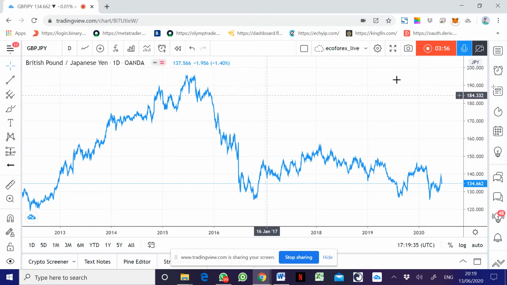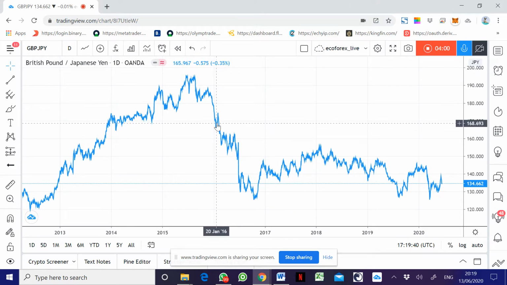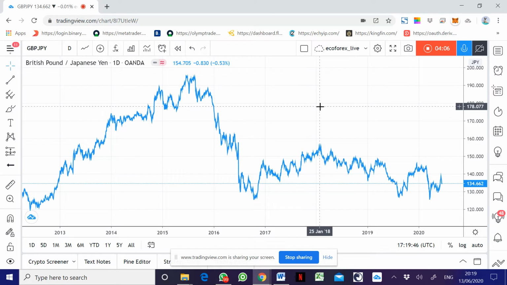Let's start with the support. So let's try to draw support with this pair, the British pound versus Japanese yen. You can't trade only one currency, such as the British pound. It must be a currency pair, that is, it must be combined.